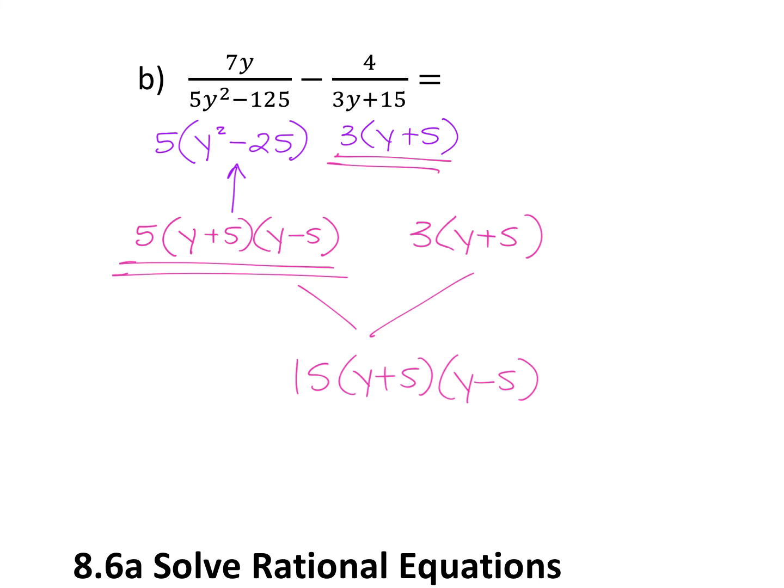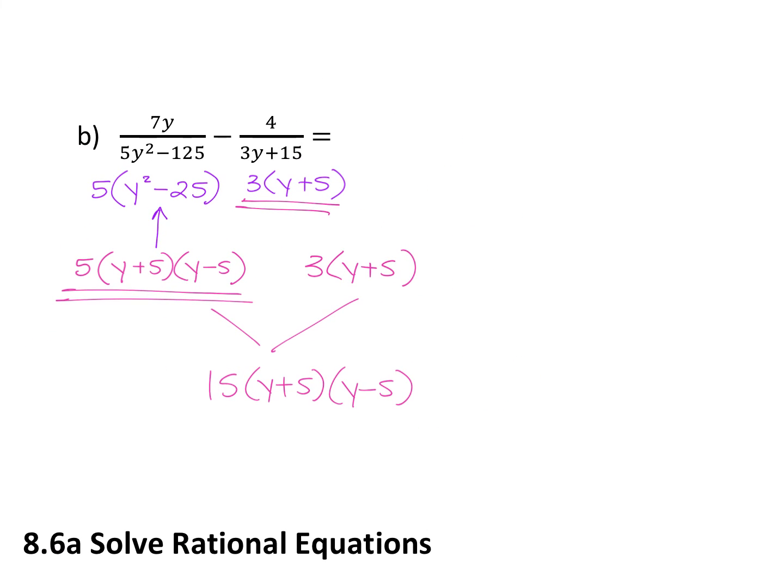Okay, so I always question what is the best way to write this for you guys so I'm not terribly confusing you. I'm going to kind of start over off to the left here. So 7y over, we just said we want it to be 15, but I'm going to rewrite it like this so I can show you what I'm multiplying by.